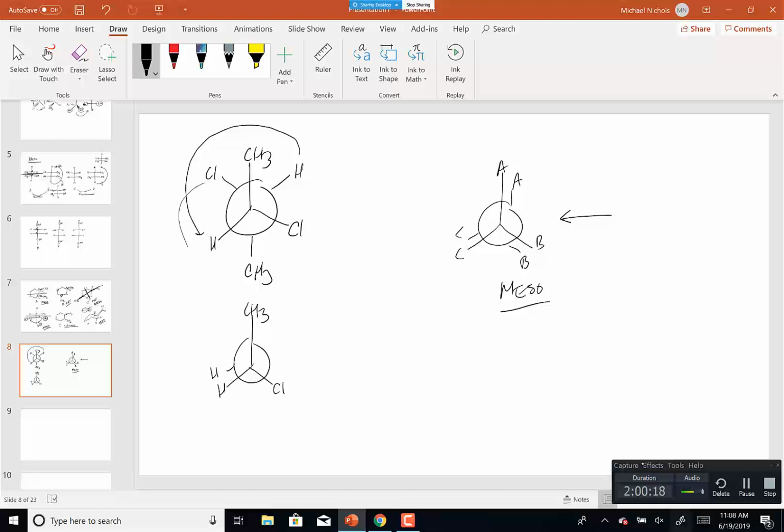The chlorine's going to go 180 degrees, so it's lined up. And the methyl group's going to go 180 degrees so that it's lined up. So this Newman projection would be meso. Anything short of that, not meso.